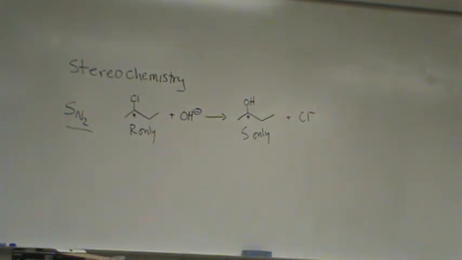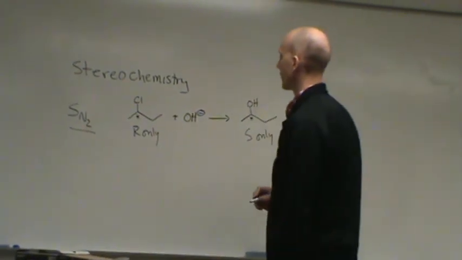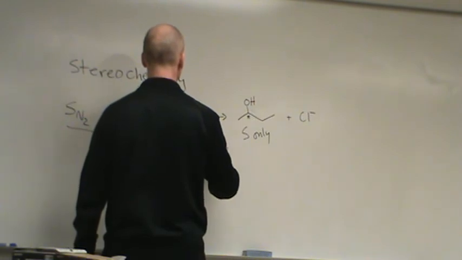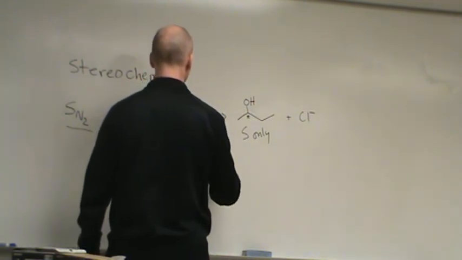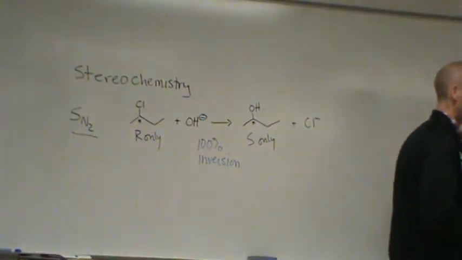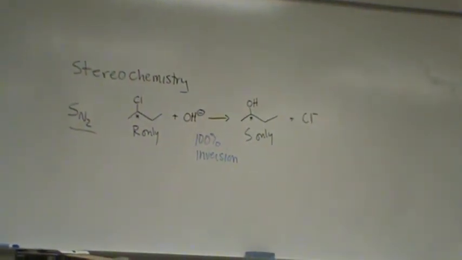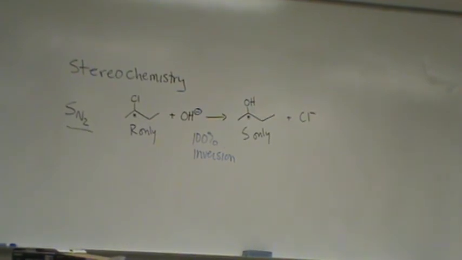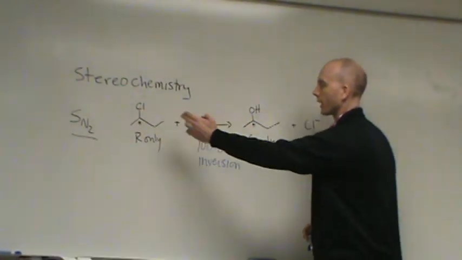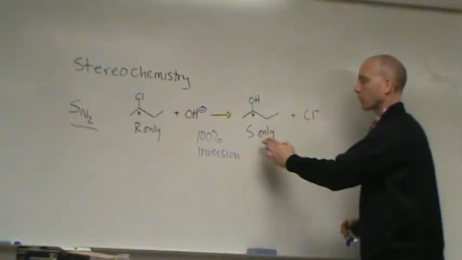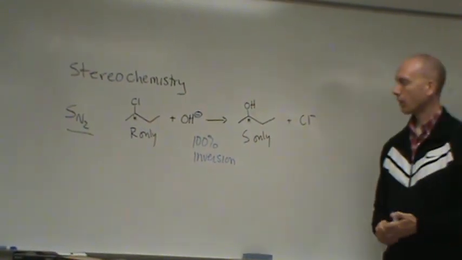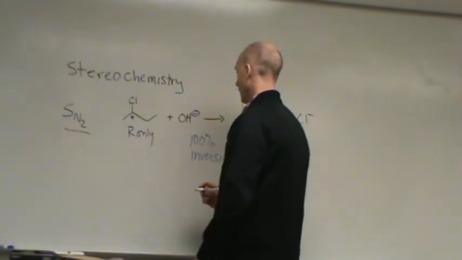So here for SN2 chemistry, we get 100% inversion of the chiral center. So if I have R, it'll go to S. If I had started with S, it would have converted to R. And we give that a special name.